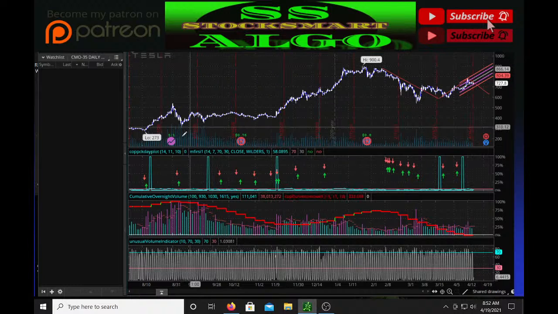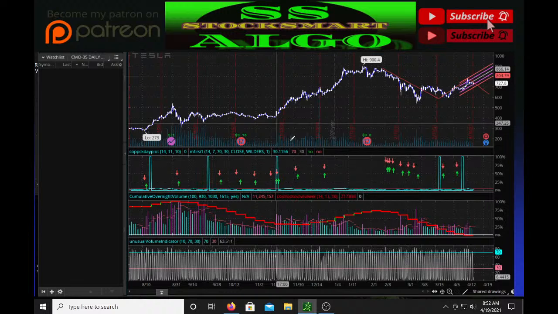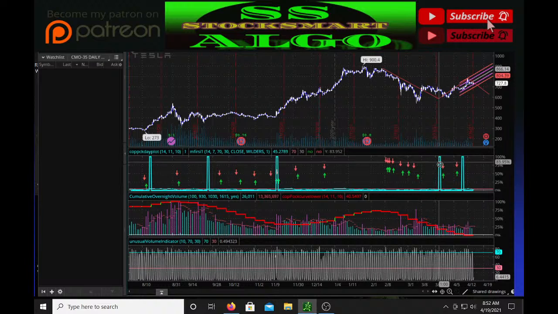All right. But looking back at this Kapok day plot, had we taken the signals when it fired off on the daily, it looks like 1 out of, you know, these total 5 was a bad signal.